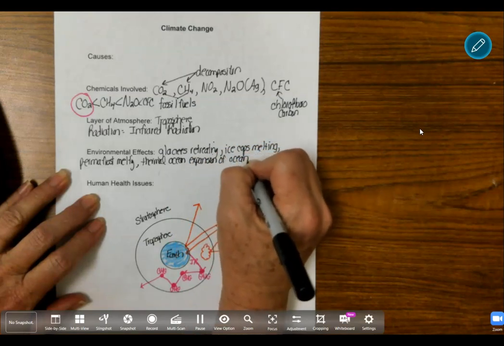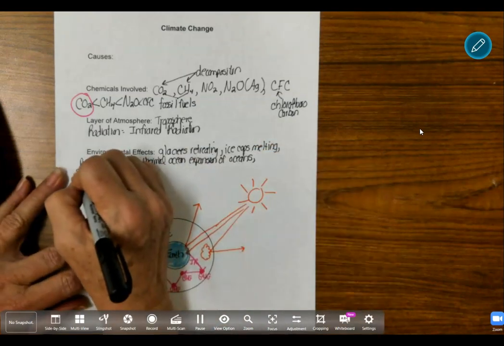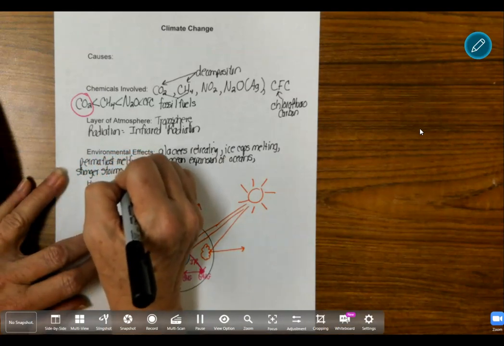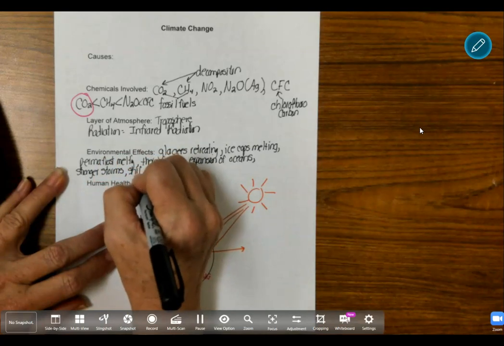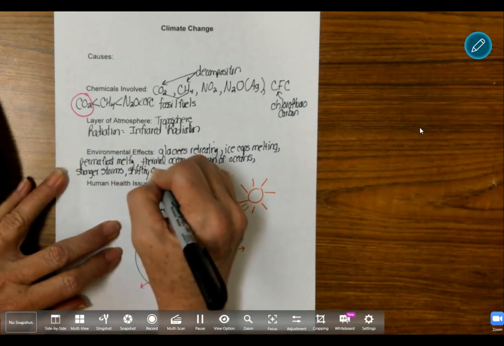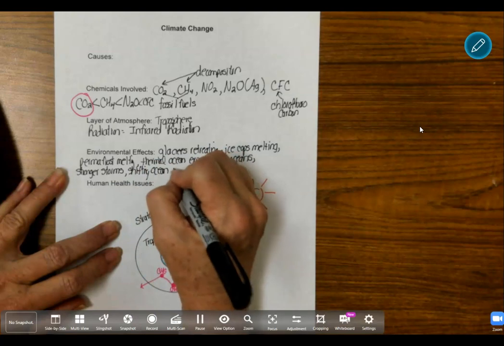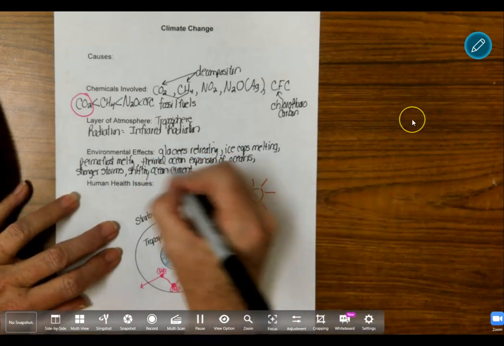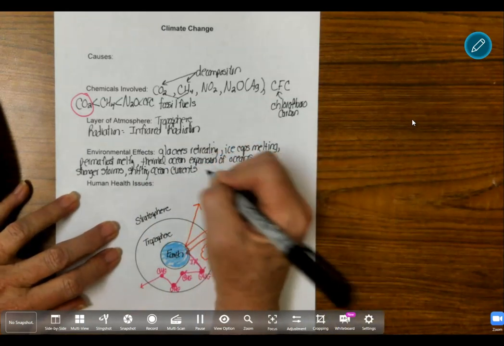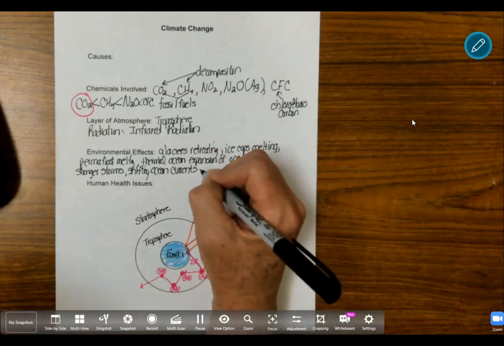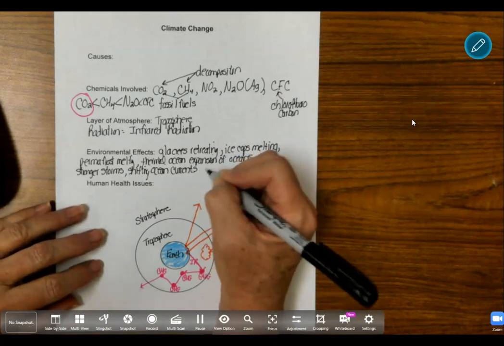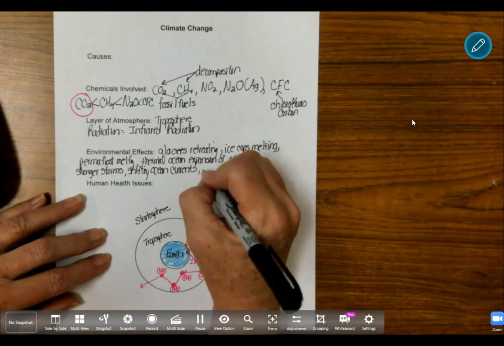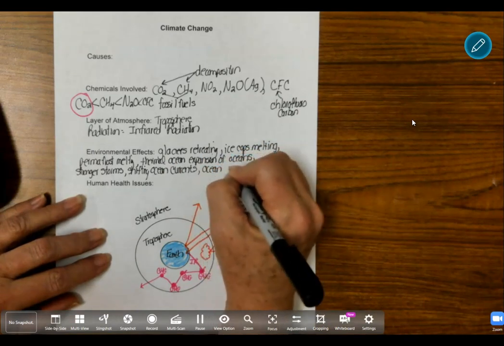Oceans. Stronger storms. Shifting ocean currents. Oh, this is just coming up in the news right now because of all the melting of the ice in Antarctica, causing the shifting of ocean currents. And remember, we learned that these ocean currents are absolutely essential for nutrition to move around the planet. Ocean acidification.